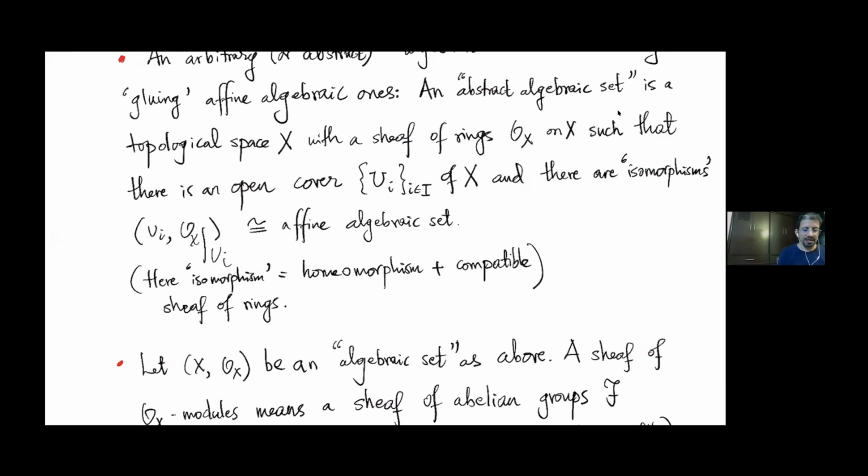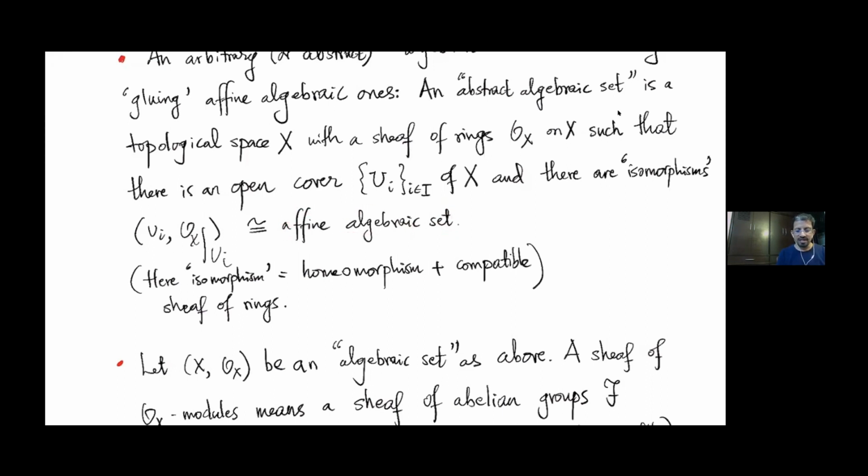So this is a topological space with a sheaf of rings. And when we say isomorphism, I mean that it should be homeomorphic to an affine algebraic set. And moreover, under the homeomorphism, I have open sets corresponding, so I should be able to transport my sheaf of rings here to a sheaf of rings there, and that should agree with the sheaf of rings that I already have on the affine algebraic set.